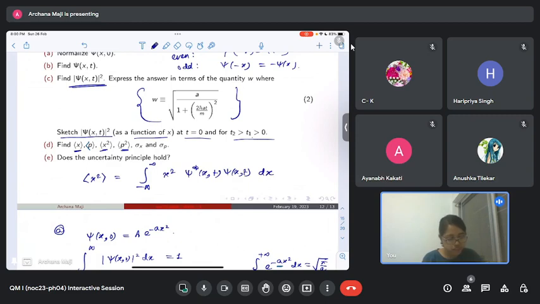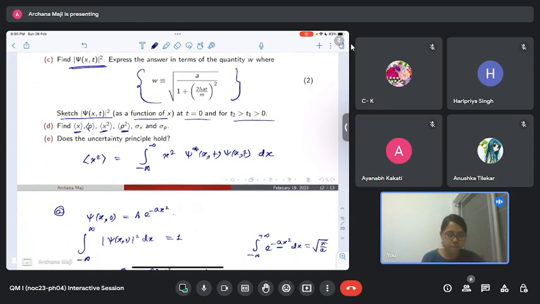Likewise p square will be the same, but now you have to write p in terms of minus i h cross d/dx, and then compute it. And what is sigma x? Sigma x is the square root of x square expectation value minus x expectation value square. Since the latter is 0, this will be just the square root of x square expectation value. Likewise expectation value of p is also 0, so the uncertainty in p will be the square root of p square expectation value.